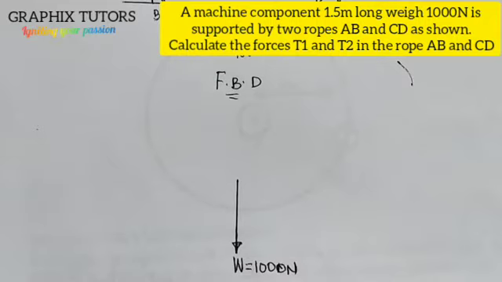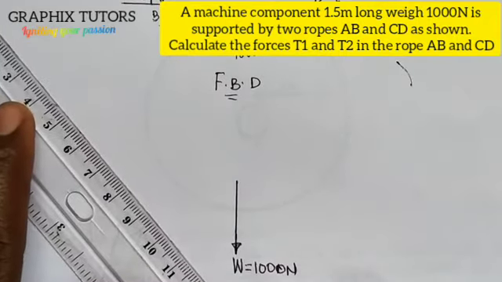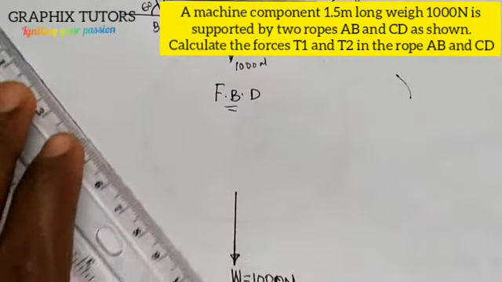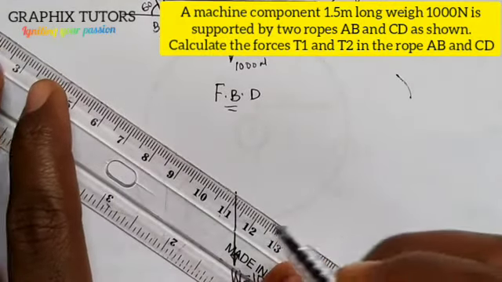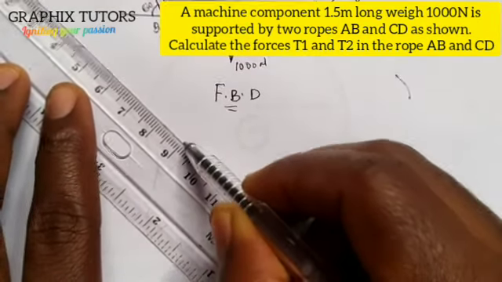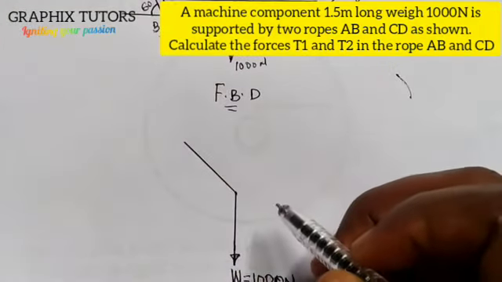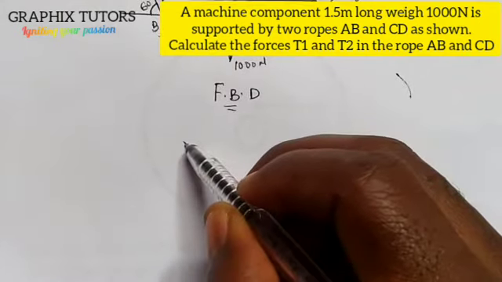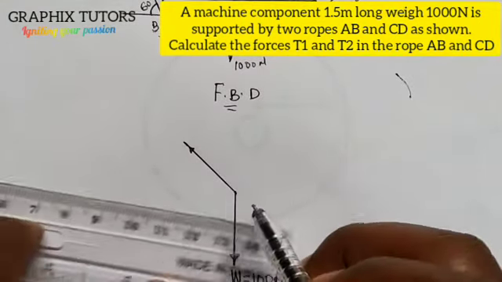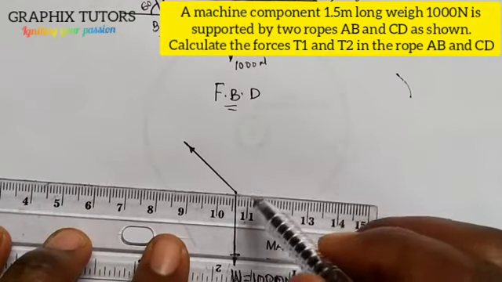Now the other one, which is acting on the machine component, is at an angle of 60 degrees. So it's going this direction. This is at an angle of 60 degrees to the horizontal, right?